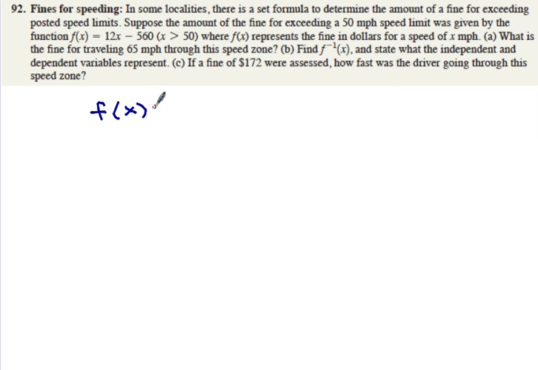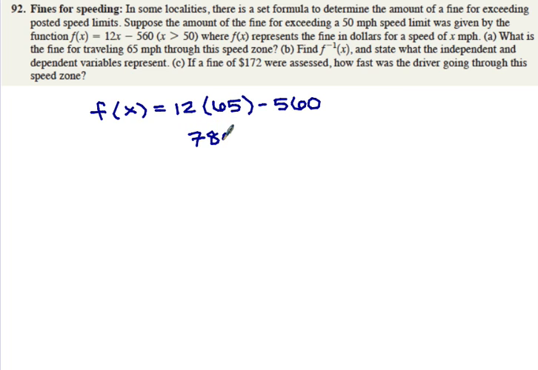Okay? So in this particular case, I want to know what is my fine if I was going 65 miles per hour. So we're going to plug in 65 for x, since x represents our miles per hour, minus the 560. 12 times 65 is 650 plus 130, so 780, maybe?